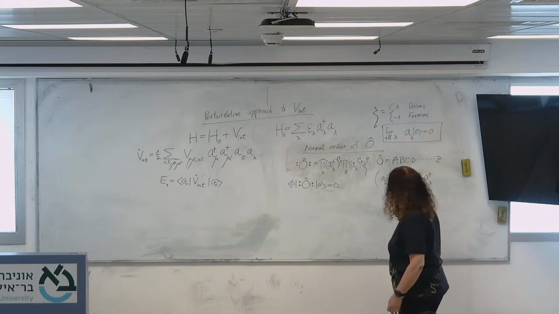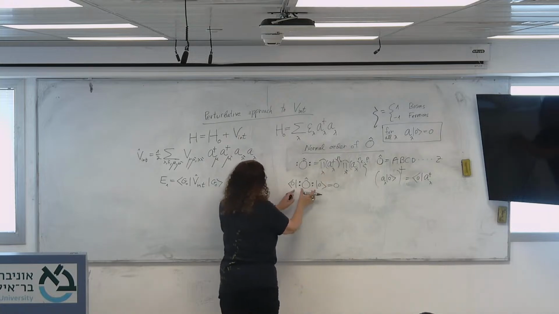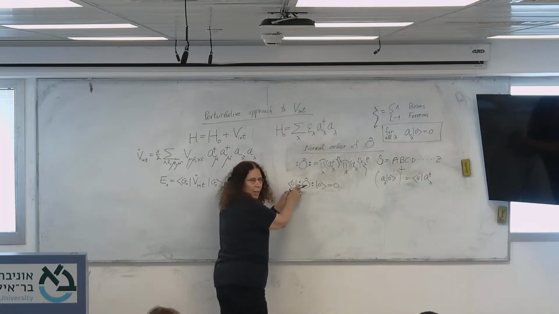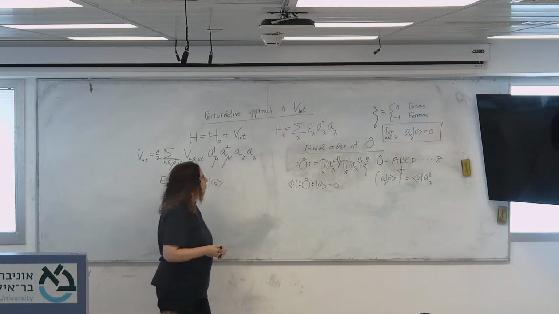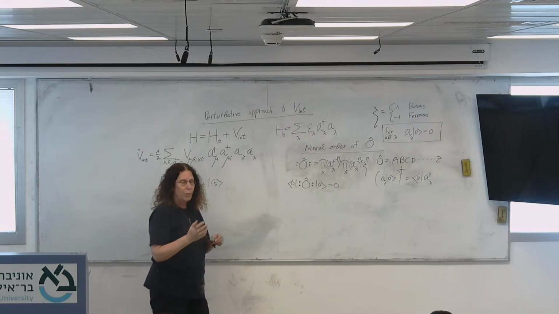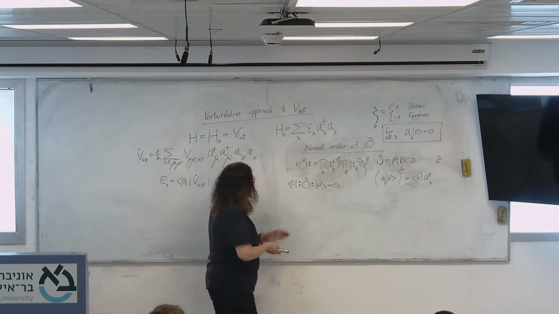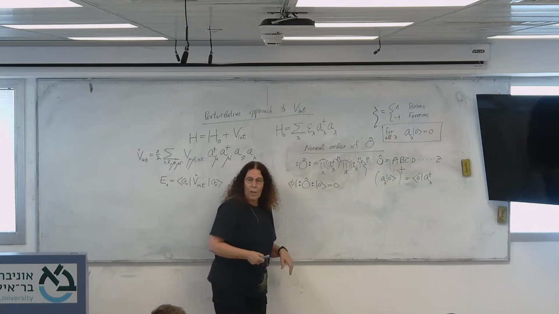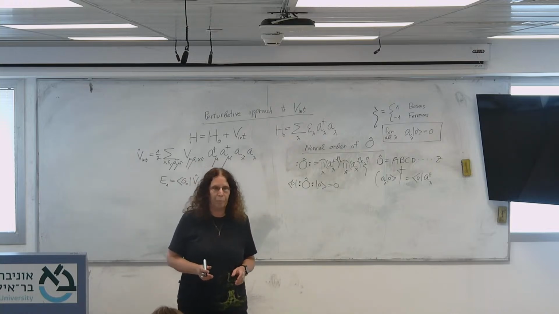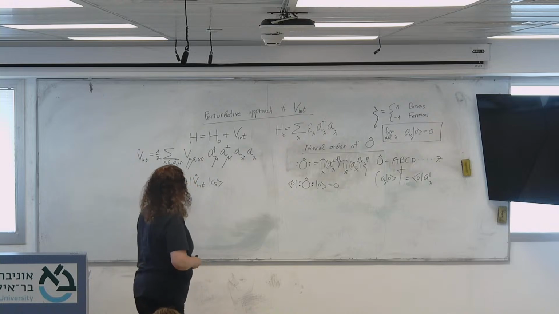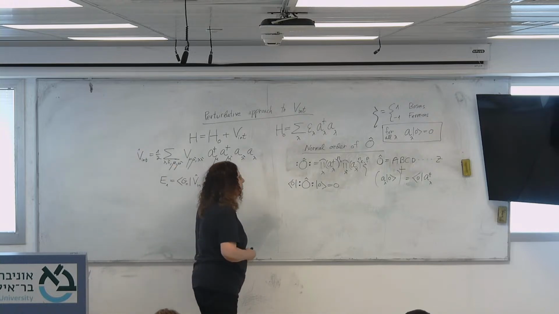So therefore, because in the expectation value you have both on the right and on the left the vacuum, then any operator, regardless of how many creation and annihilation, the normal order of it gives you zero. It has a zero vacuum expectation value. Okay.